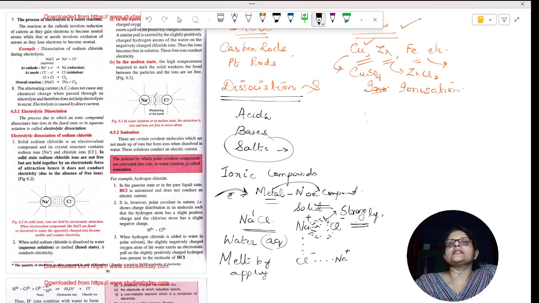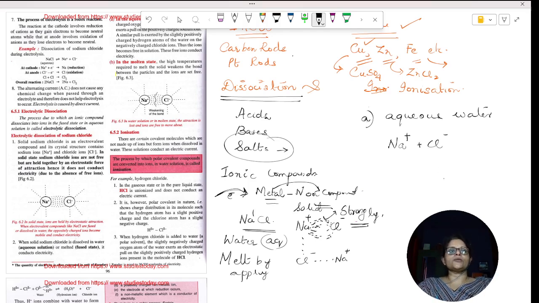So the first case is the aqueous solution. What happens to an ionic compound or an electrovalent compound when water is present? Okay, so Na positive is there, Cl minus is also there. Let's see what happens. They are held together by electrostatic force.